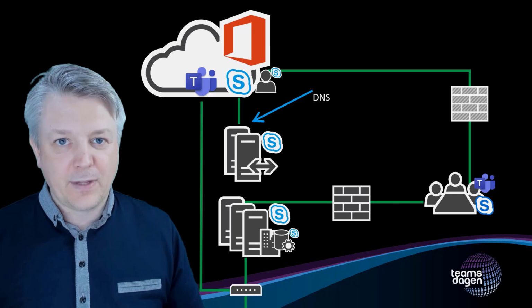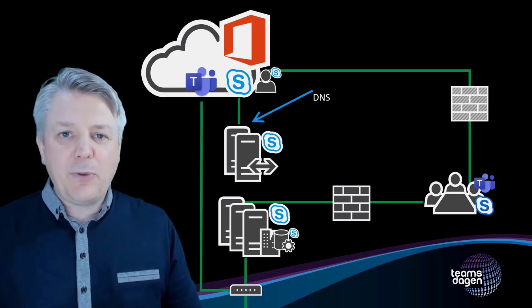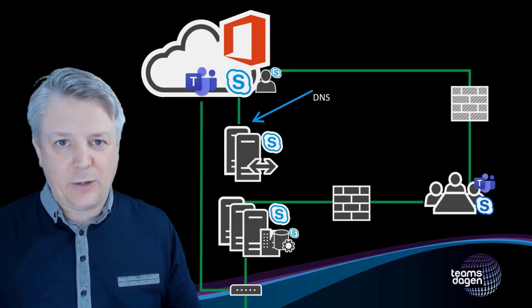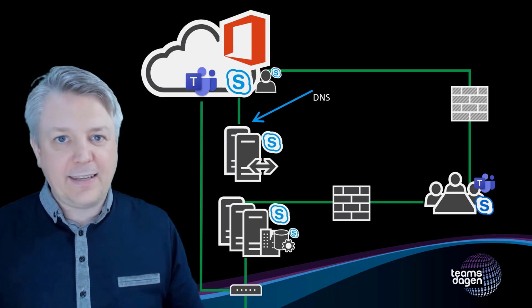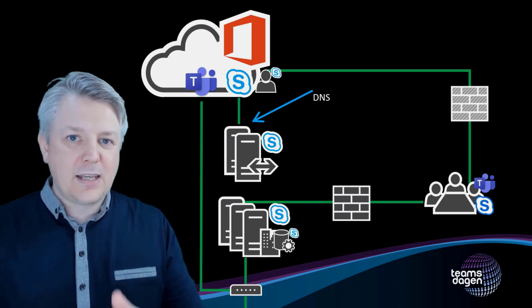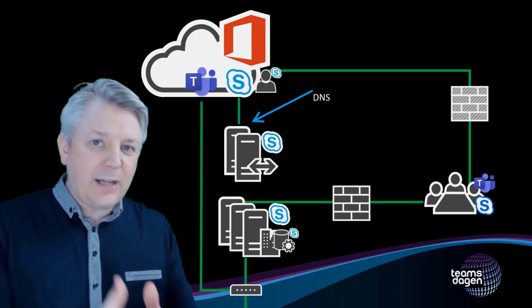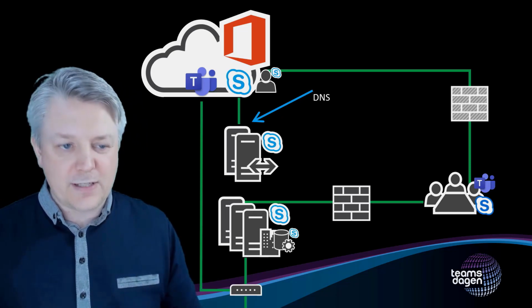As you see in the drawing, now we also have a connection to the cloud. I'm going to spend some time on how we validated that connection to the cloud, and we want this to be connected as directly as possible because Teams is a cloud service.